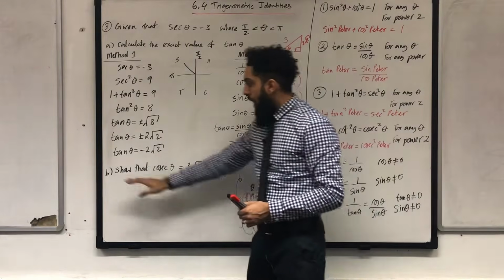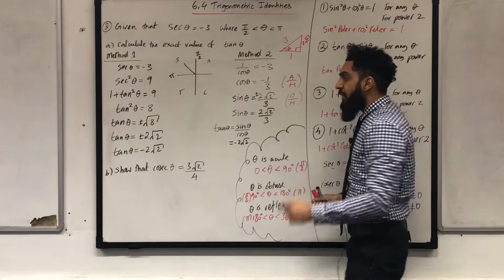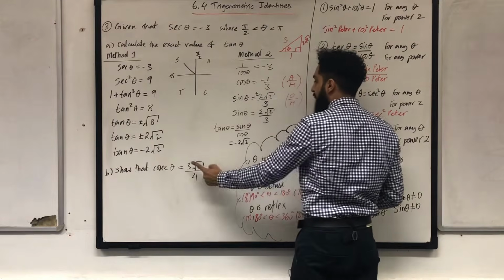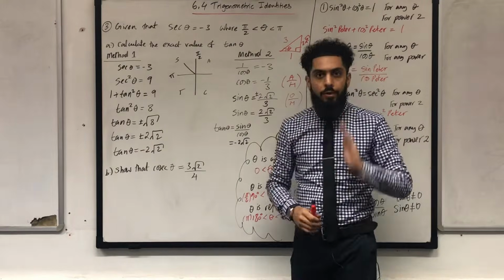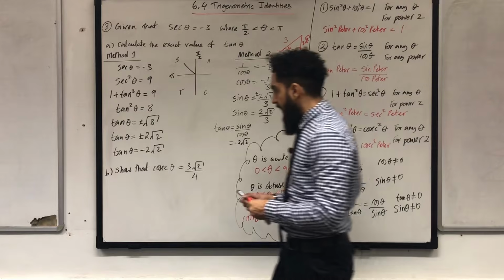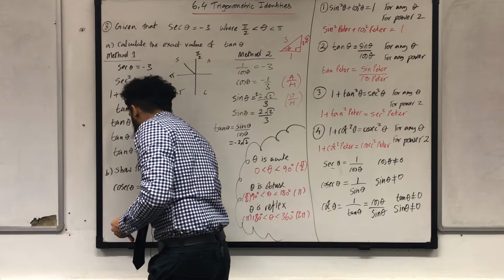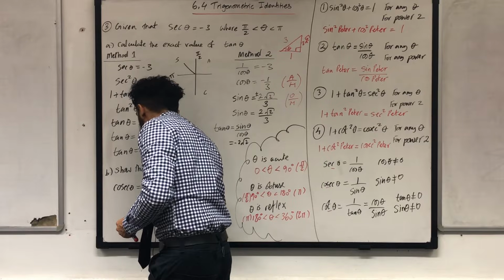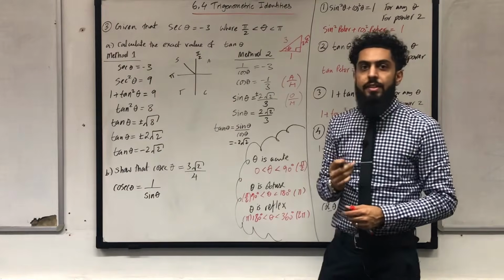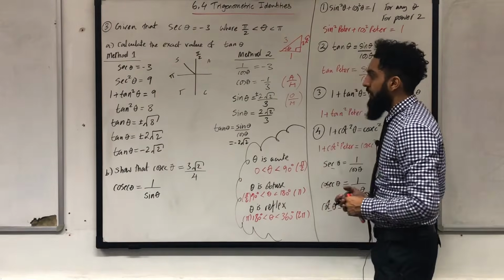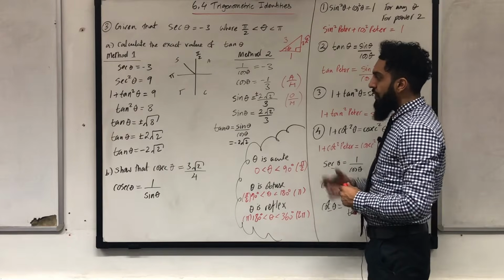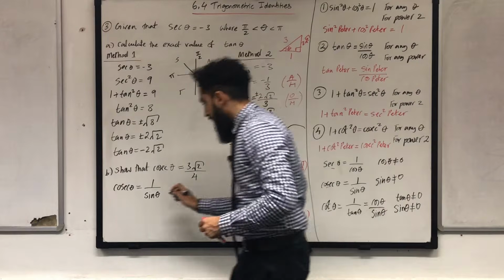Let's look at part B of the question. It says, show that cosec theta is equal to 3 square root 2 all over 4. Now, cosec theta, we know that it's just 1 over sine theta. But we've calculated the value of sine theta. Sine theta was just 2 square root 2 all over 3.